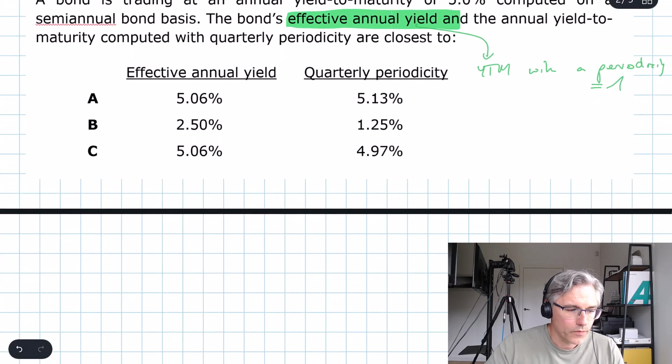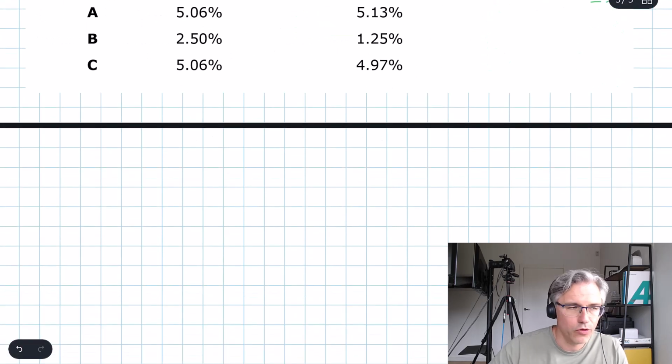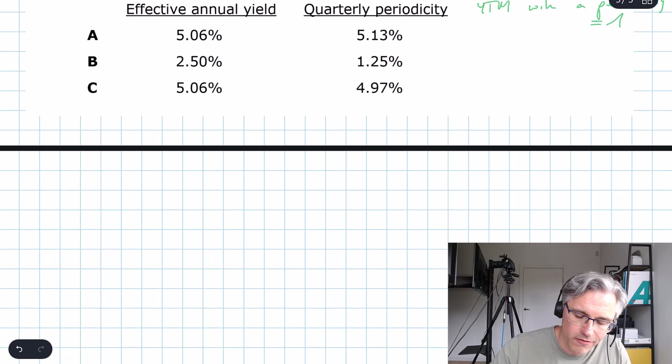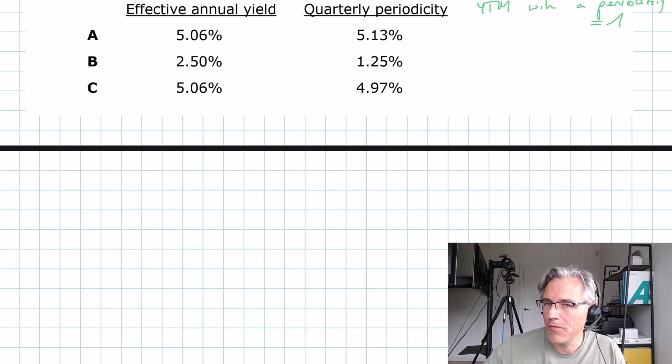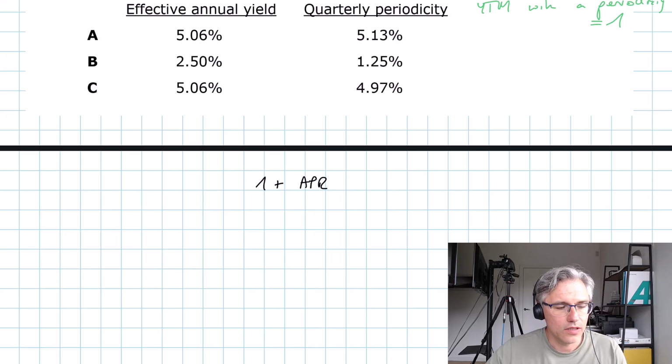Now, what you ought to appreciate, and what's at the bottom of all these computations, is the following equation, the relationship. 1 plus the APR, which stands for annual percentage rate, is used in this section of the curriculum. But this is basically the same as yield, right?